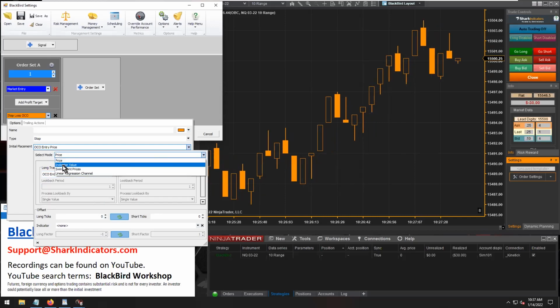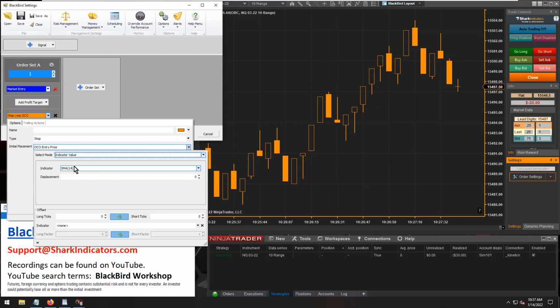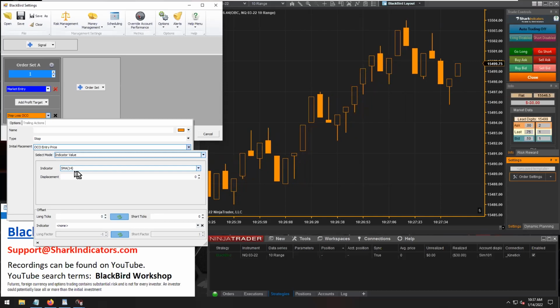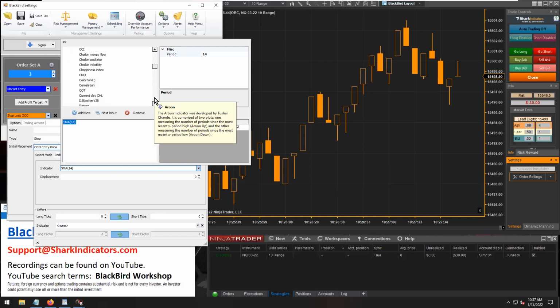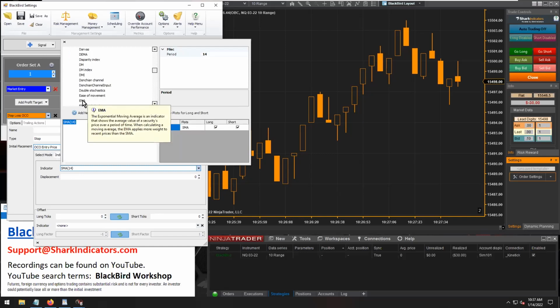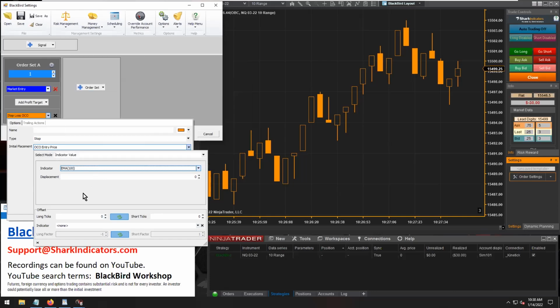What we want is an indicator value, because we're going to set the stop loss to the 100 EMA. So set mode to indicator value. And for the indicator, let's replace that SMA with the EMA. There is our EMA, and let's set it to a 100 EMA. All right, there we have it.